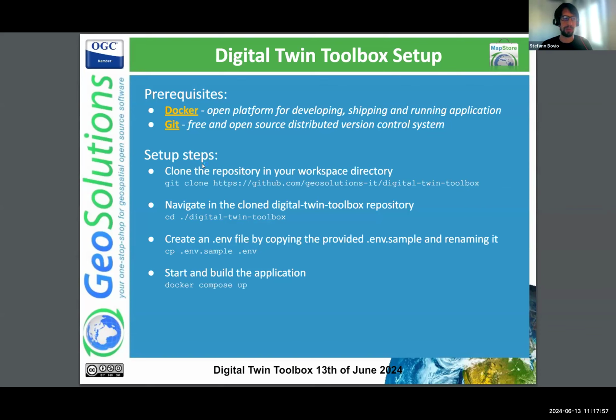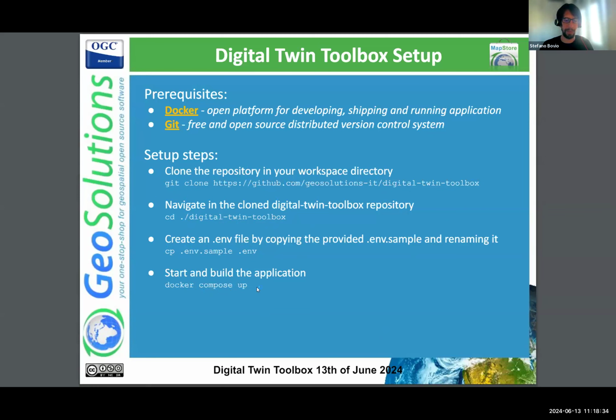Here are the setup steps. Once you have these installed on a computer, you need to clone the repo in your workspace. So navigate to your workspace and run this command from a terminal. This will create a new folder called Digital Twin Toolbox. Then go inside the Digital Twin Toolbox, copy the .env sample and create a new file called .env. Once that has been done, you need to start Docker using the Docker Compose Up command from the same command line, inside the Digital Twin Toolbox.